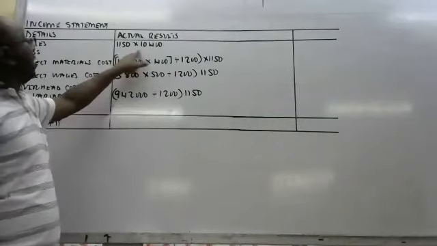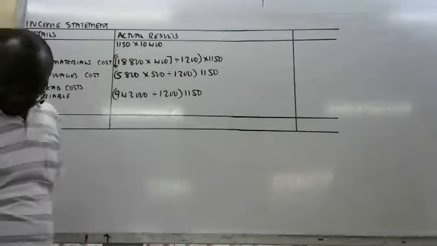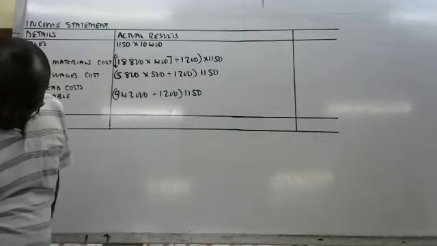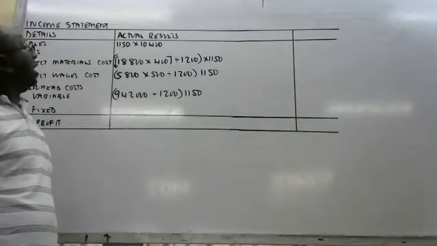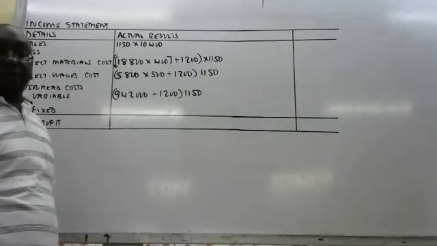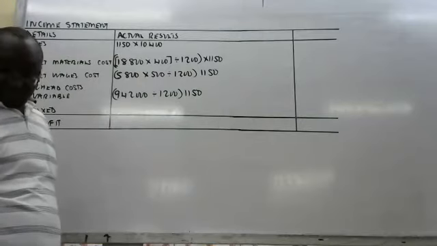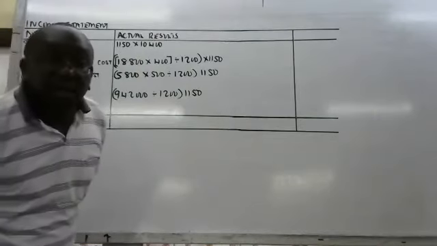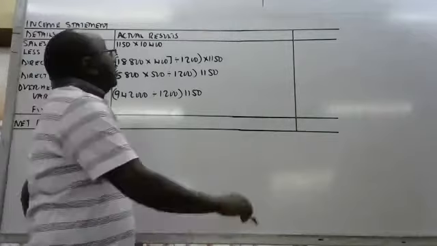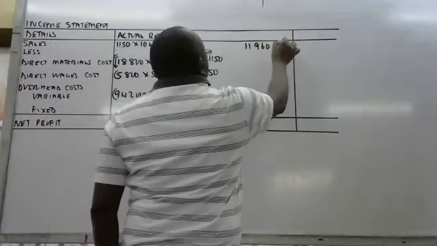Give me this one for sales, 1150 times 10,400. 11,960,000. Good.